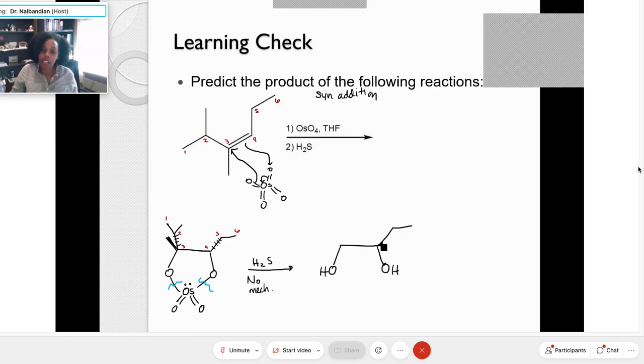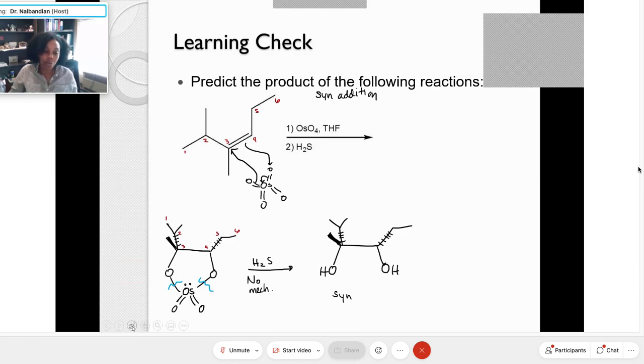And nothing changes with our stereochemistry that we established in that first step. So you can see both oxygens get added in step 1, not in 2 steps. Both oxygens come in step 1. This is a syn addition.